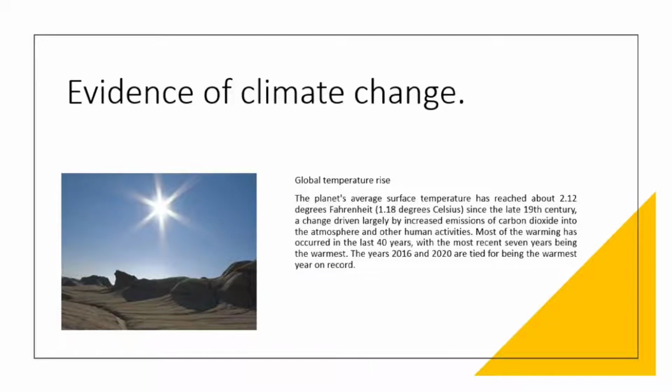Most of the warming has occurred in the last 40 years, with the most recent 7 years being the warmest. The years 2016 and 2020 are tied for being the warmest year on record.